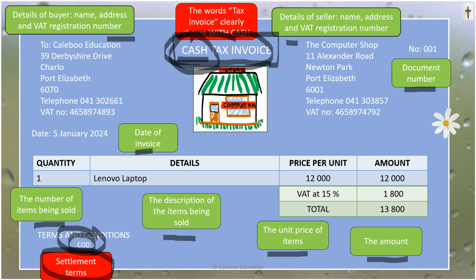So there's the difference between a tax invoice and a cash tax invoice. The one is credit, so there will be settlement terms at the bottom on that last invoice, but this invoice is a cash invoice, so cash is paid at delivery or for delivery. It's a cash transaction.